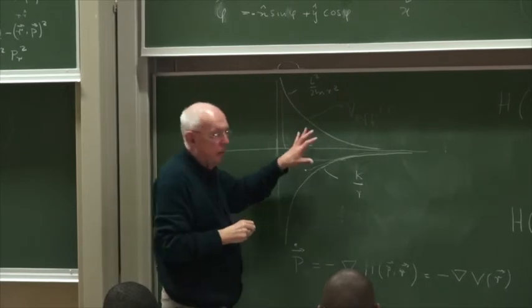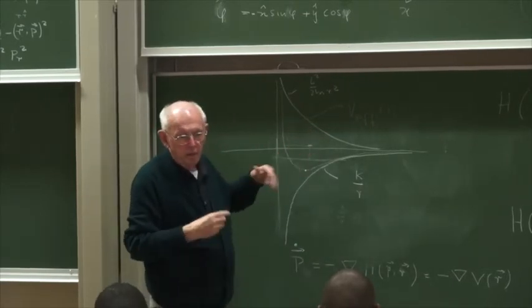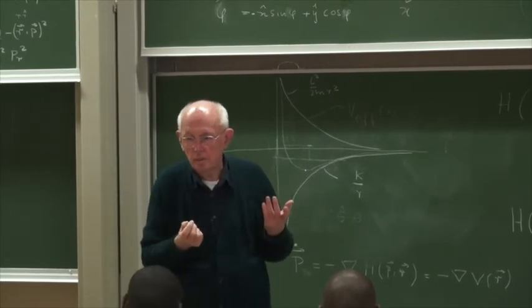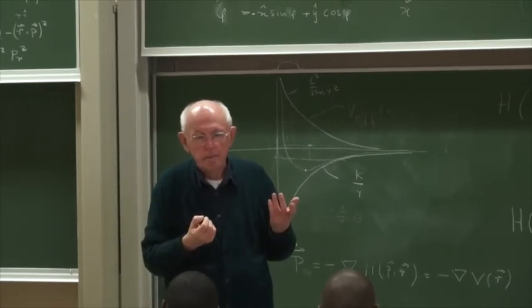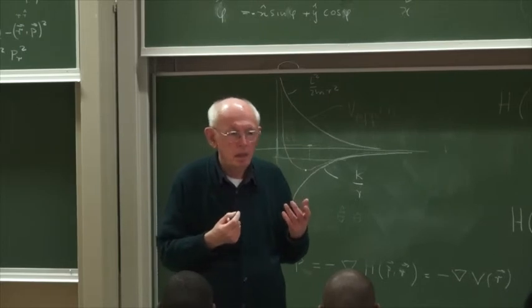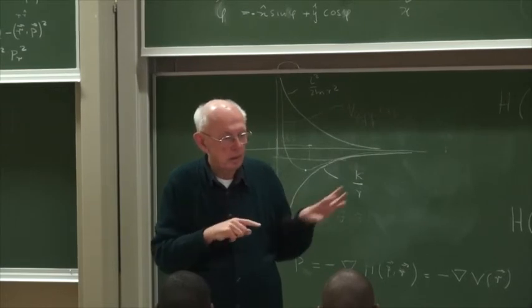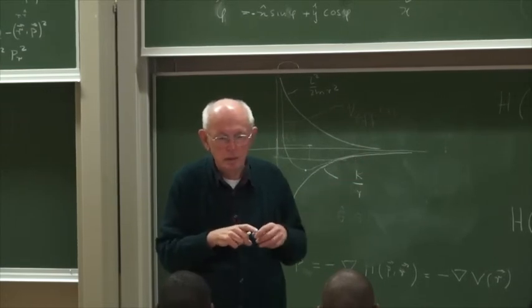So this is a nice way, for me at least, to look at planetary motion. I think on Monday I will just do a little more about it, and then you can have a look and maybe ask some questions.